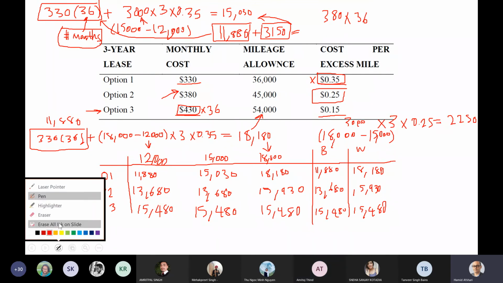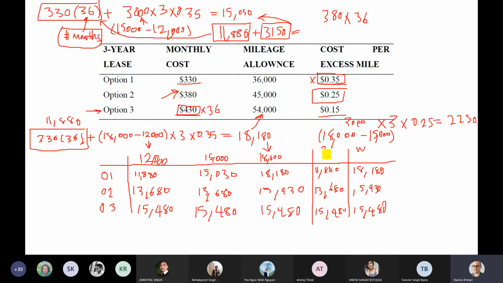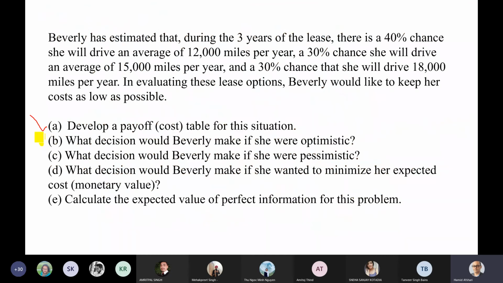The lowest in the best situation, so the lowest in this column. Which one is the lowest on the best cost? This one. So she should go with leasing option 1 if she wants to be optimistic. Correct? Everybody agrees? Yes, sir. Okay, we can also directly look at the table and see that this is the minimum cost. So that's another way.